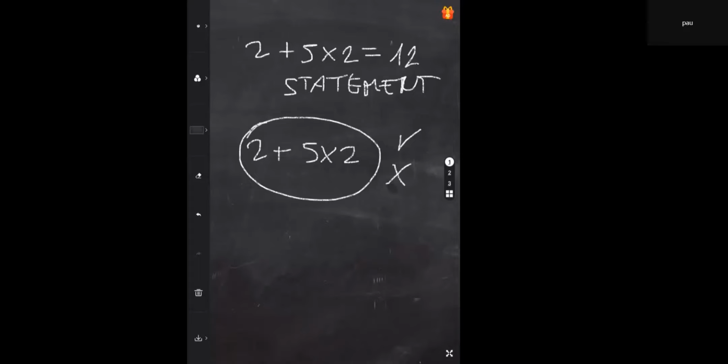And again, expressions can be ill-defined. For instance, writing that 2 plus 5 divided by 0 is ill-defined. Or to evaluate, for instance, a function outside of its domain.